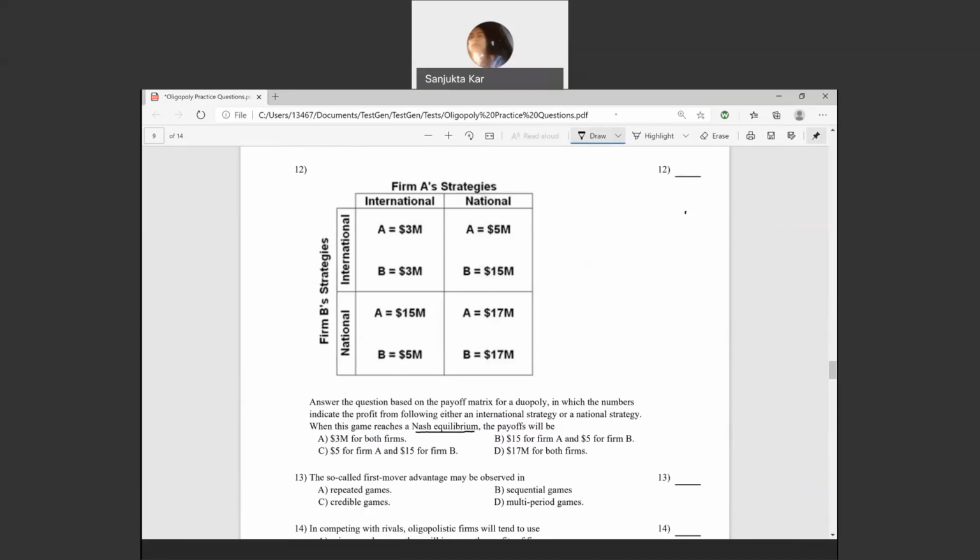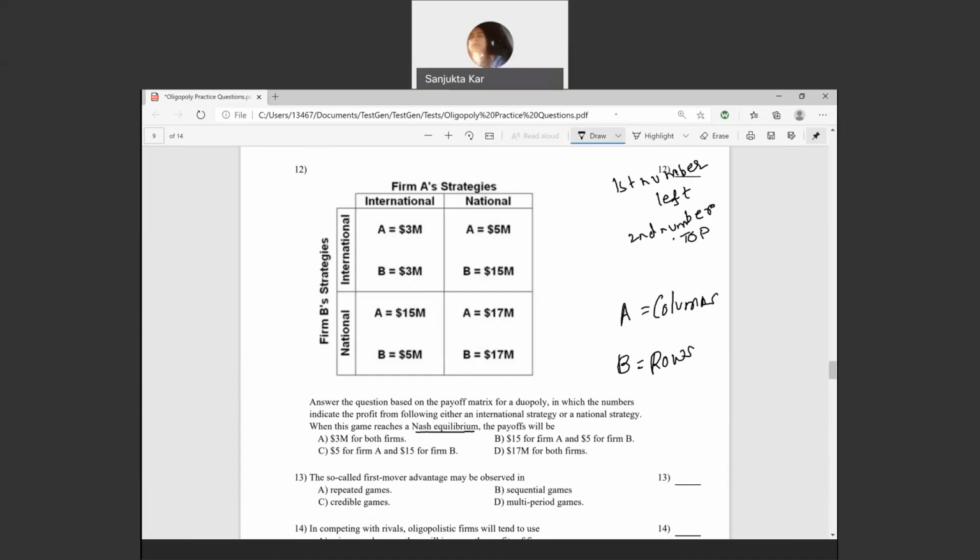When I'm looking at A, I'm going to look at the columns. When I'm looking at B, I'm going to be looking at the rows. And also the first number is for the person who is on the left, and the second number is for the person who is on top.